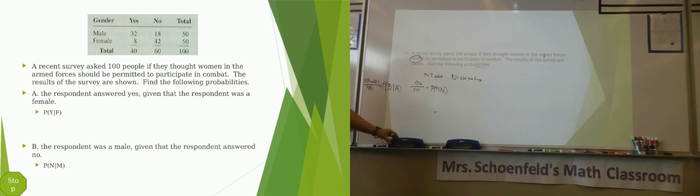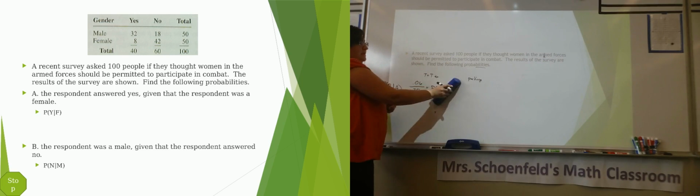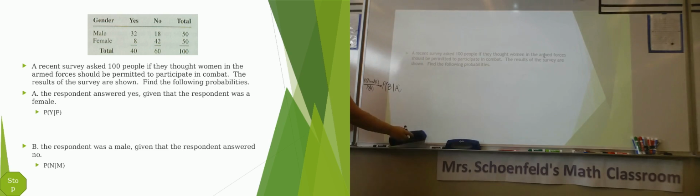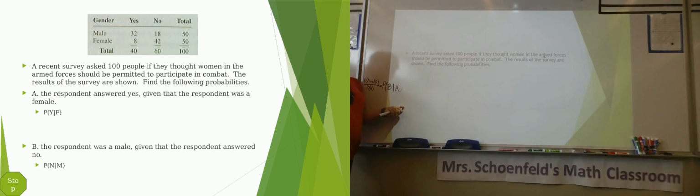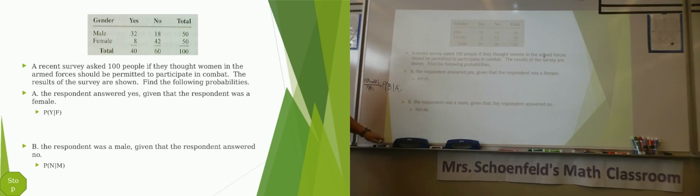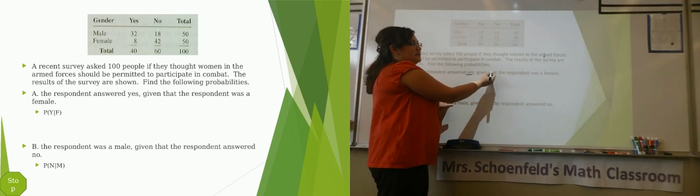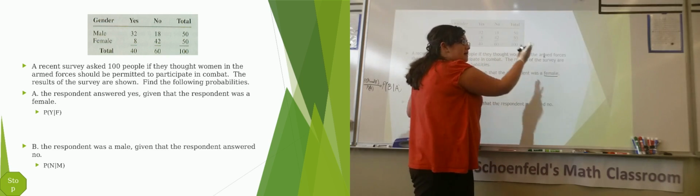Okay, a recent survey asked 100 people if they thought that women in the armed forces should be permitted to participate in combat. The results of the survey are shown. Find the following probabilities. I want this little chart that I put on there. Okay, so the respondent answered yes, given that the respondent was a female. I like these charts.